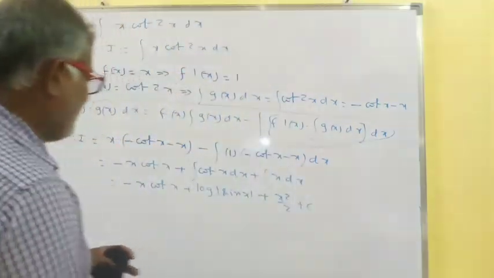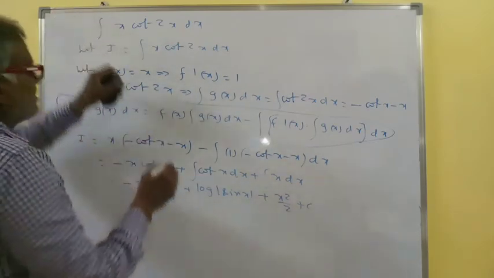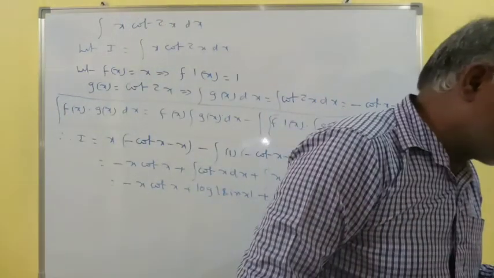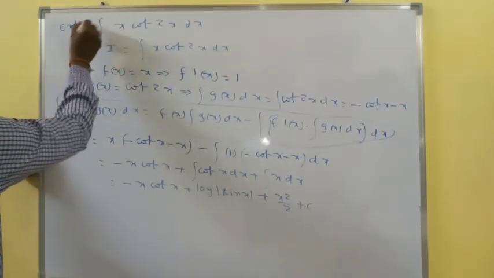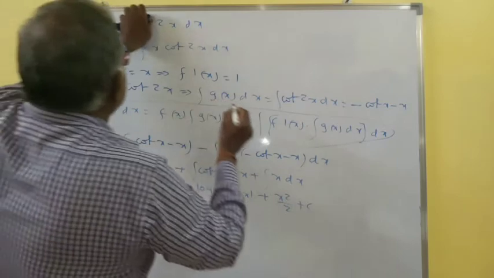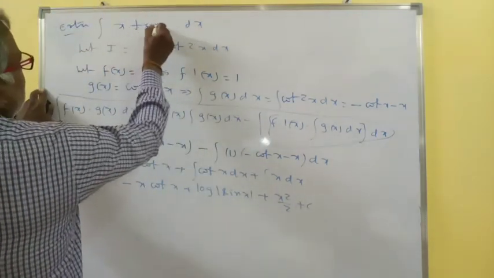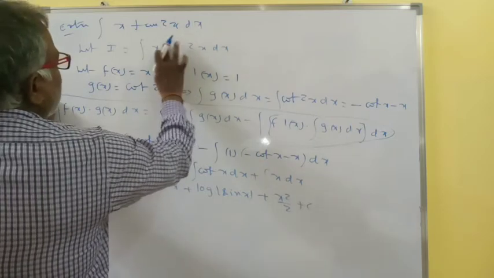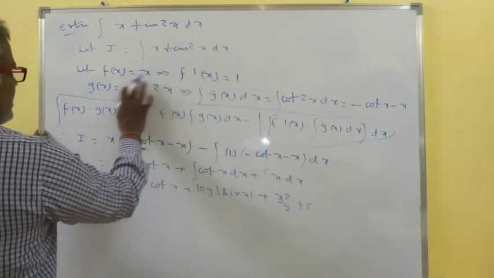Suppose an extra bit here, x tan square x is not there, just tan square x dx.